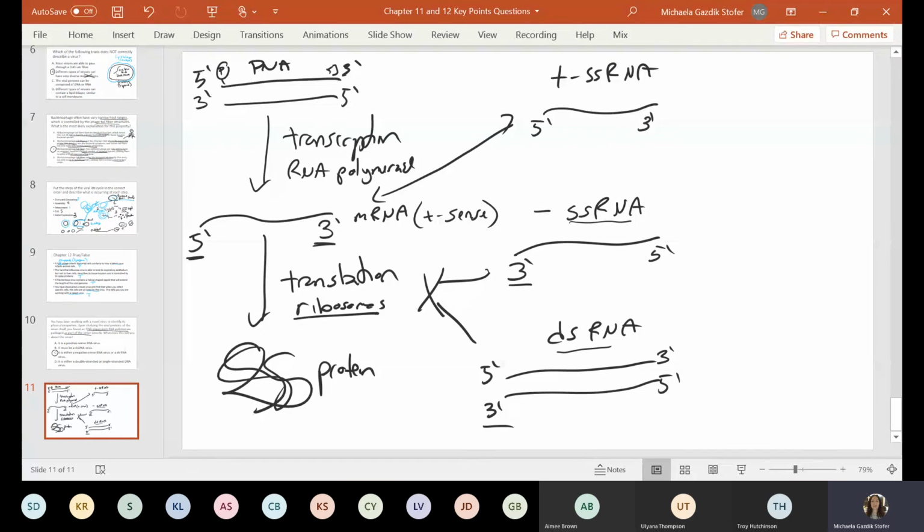Okay. So here's what it looks like when we get into the cell. Your positive sense RNA viruses, because they look like your messenger RNA, are immediately going to be translated into protein. The ribosomes in the cytoplasm see this, think it's messenger RNA, and immediately translate it into proteins.